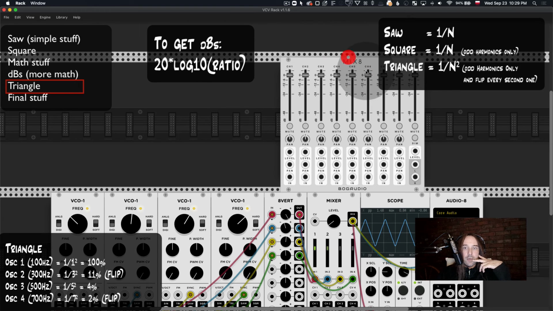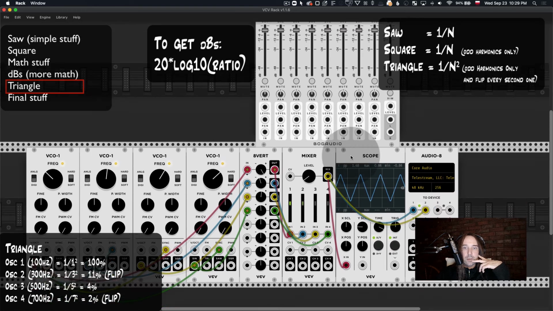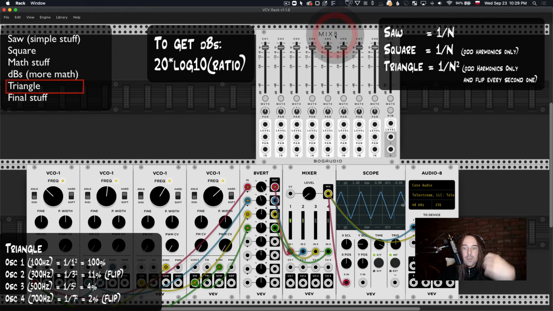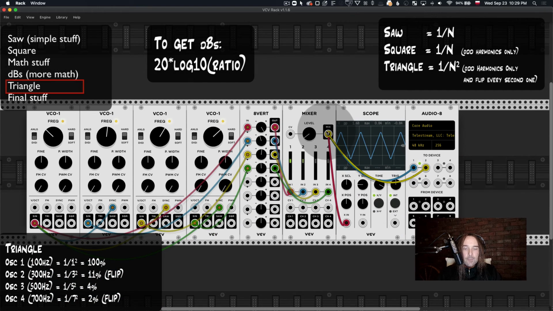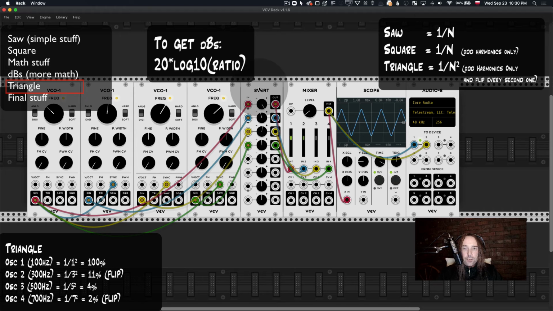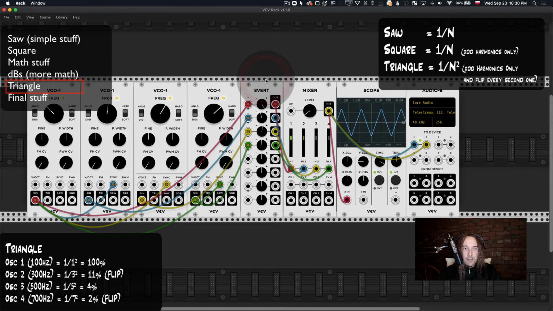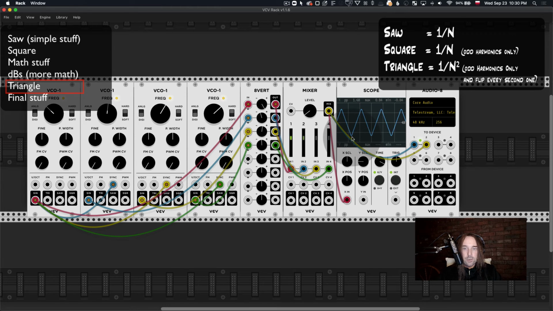And here you would have to put everything in decibels, but it might be much more convenient if you want to try. So as you can see, the formula is you're flipping the phase of even harmonics, and the result will get closer and closer to a triangle waveform.